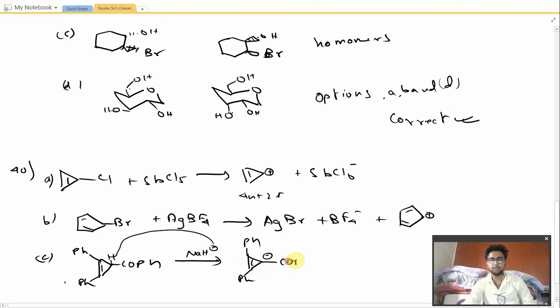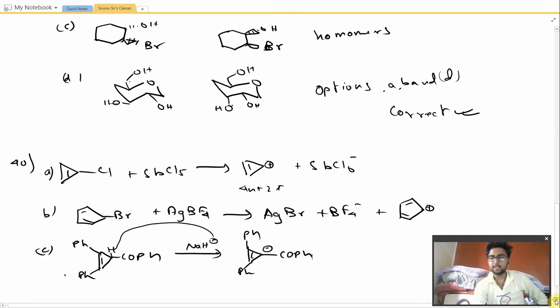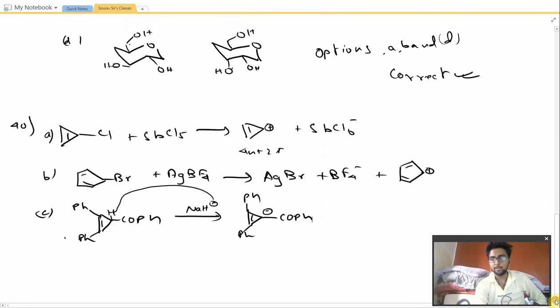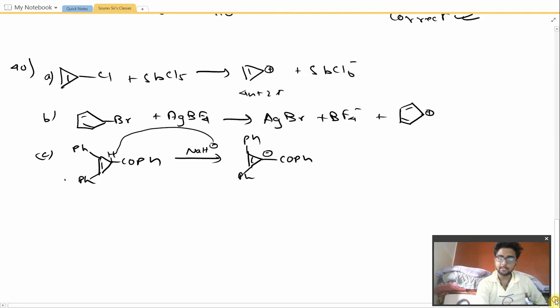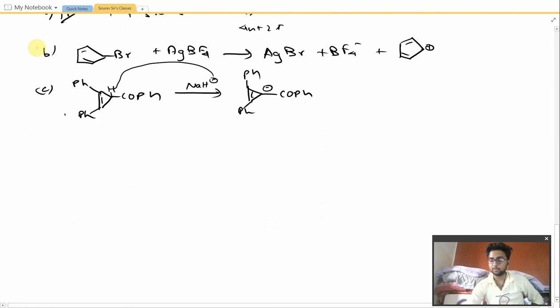Ph, and here it is COPh. Now in this ring you can see that if the plus charge is in the cyclopropyl ring, then it is aromatic, but here it is a minus charge, so it is anti-aromatic in nature. Why anti-aromatic? Why not non-aromatic? Because resonance delocalization is still taking place, but the 4n plus 2 pi rule is not followed.